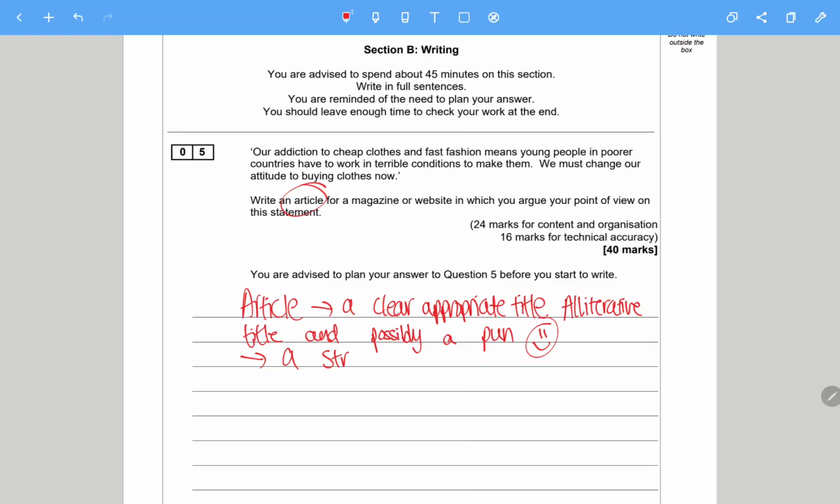So what is a strapline? A strapline in simple terms is 2 to 3 sentences that will give the readers, the examiners, an insight of what the article will be talking about. So again, it shouldn't be complex, it should be straightforward. And it's almost like a trailer for the rest of your article.